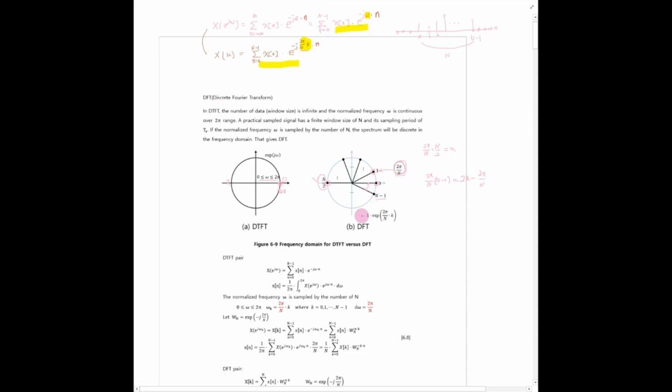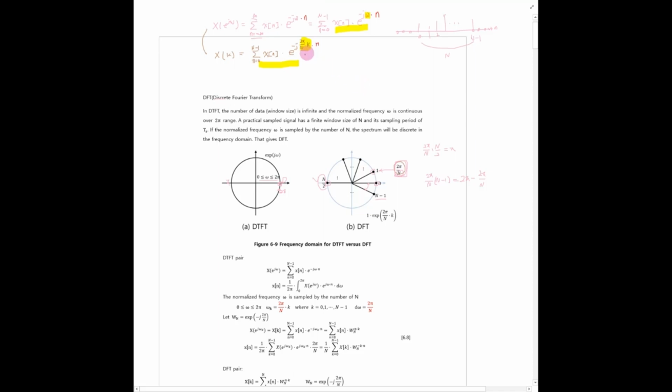So in the DFT, the spectral domain is discrete. The frequency step is 2 pi over N, where N is the number of samples. Comparing these two, they are quite similar, but the difference is N. Basically in the DTFT, we take n from minus infinity to infinity. If we assume N is infinity, then this frequency step becomes continuous.